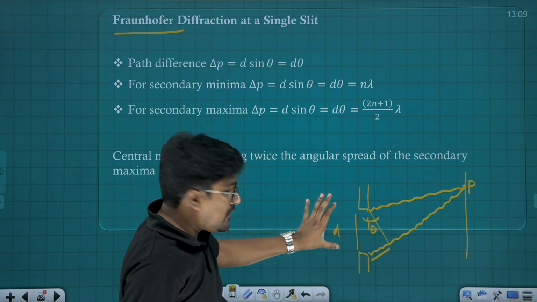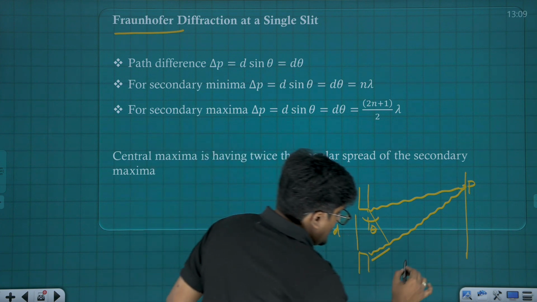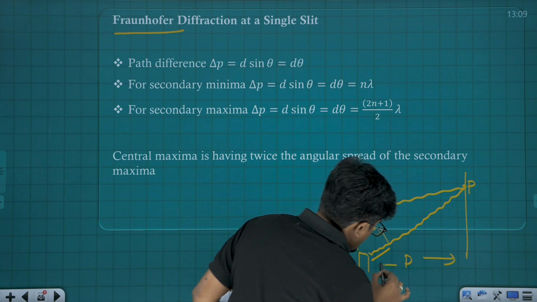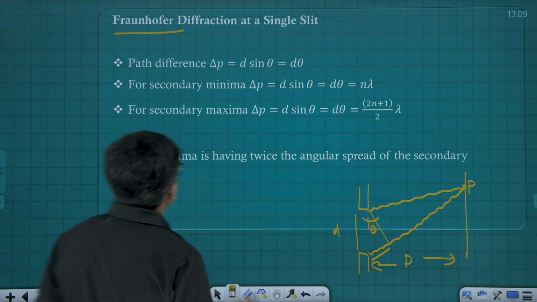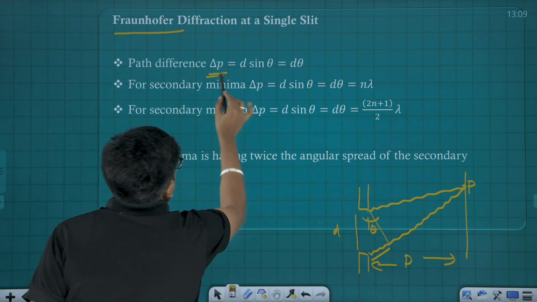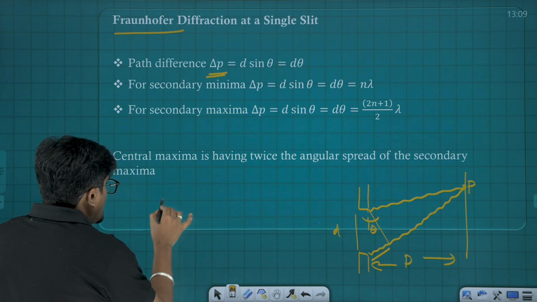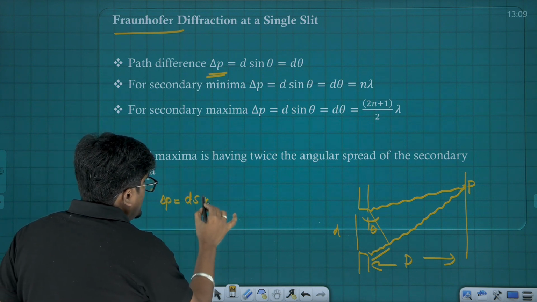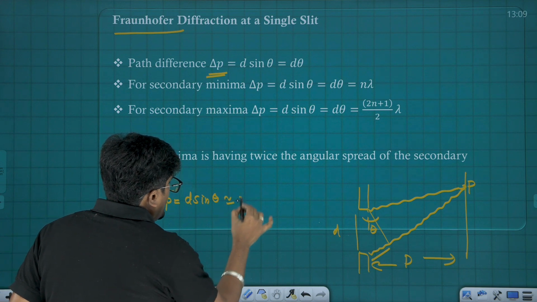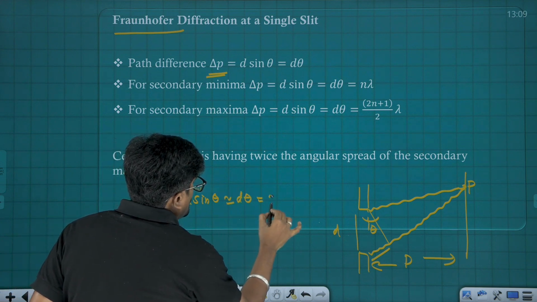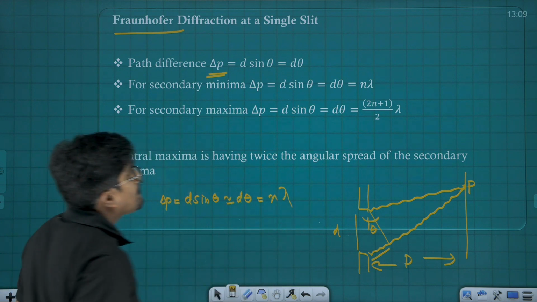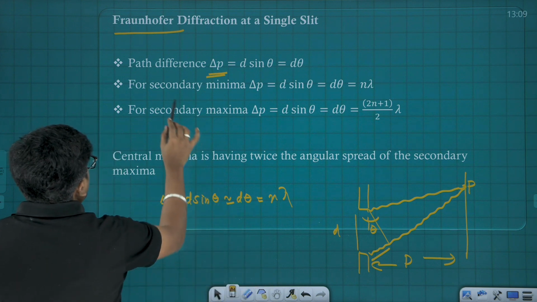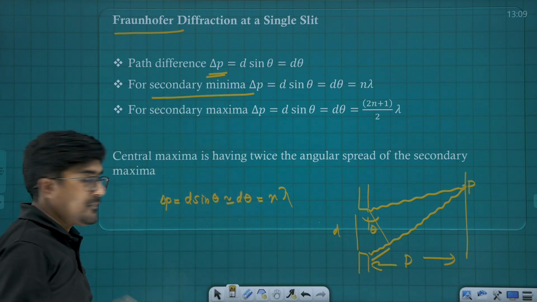So this is the width of the slit, small letter d, and here capital D is the distance towards the screen. All right. Now the path difference. The path difference delta P, that's going to be d times sine theta, which is approximately equal to d theta, that is equal to n times lambda for secondary minimum. All right.